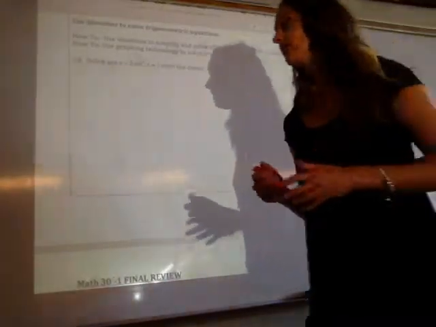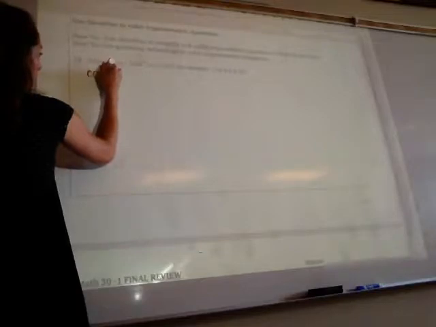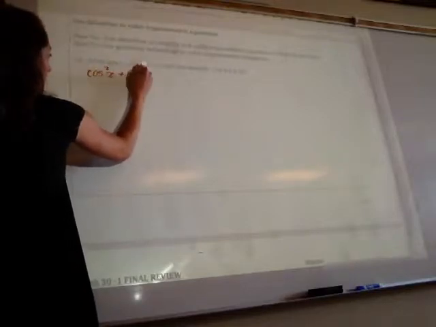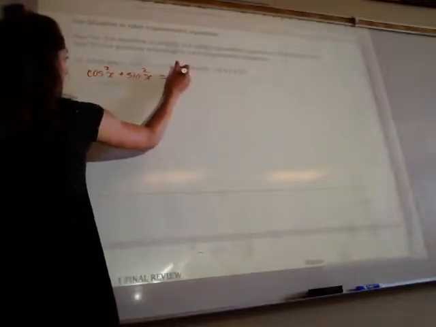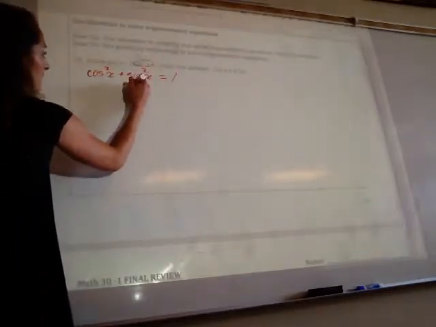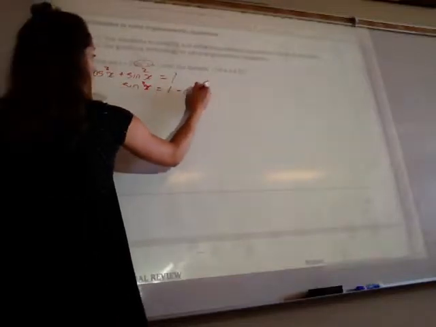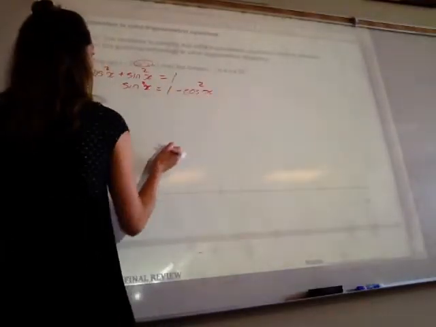And there's the Pythagorean identity. Okay, so cosine x squared plus sine x squared equals 1. So I'm going to replace this sine x squared with 1 minus cosine x squared.